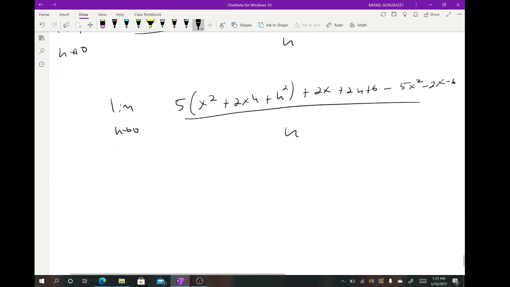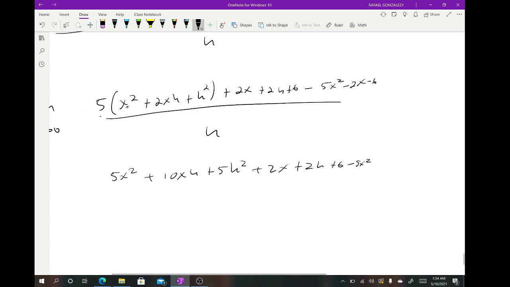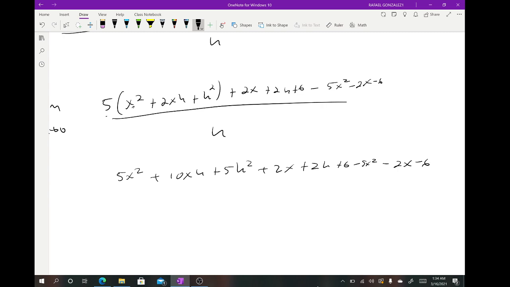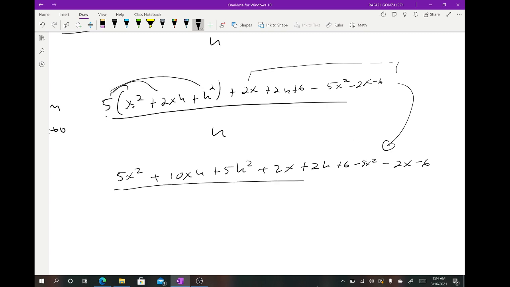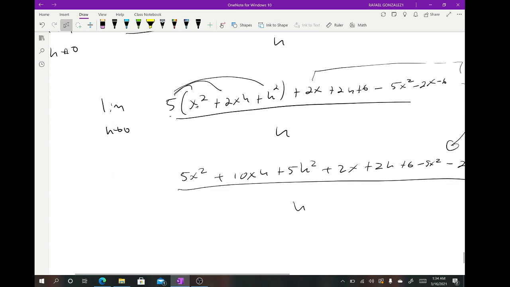And that is 5x squared plus 10xh plus 5h squared plus 2x plus 2h plus 6 minus 5x squared minus 2x minus 6. That's simply rewriting everything here. I just rewrote it down here, and then I just distributed 5 to the trinomial.